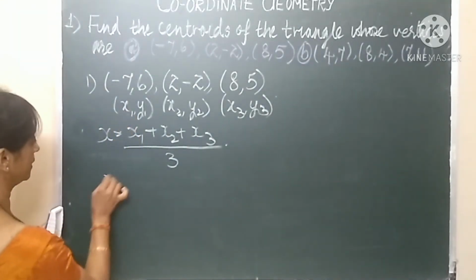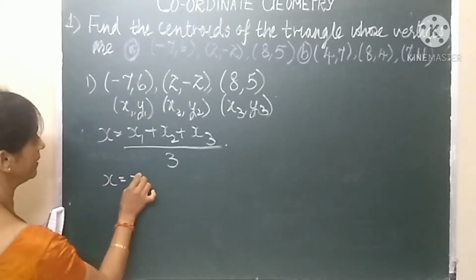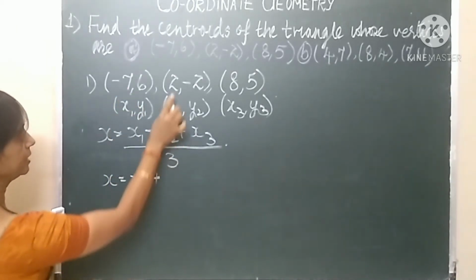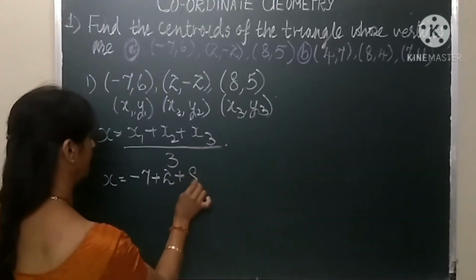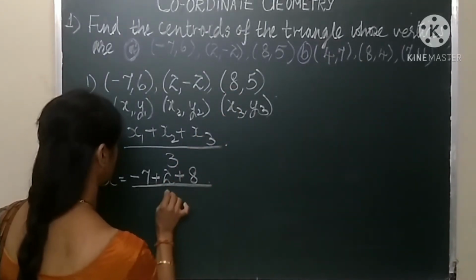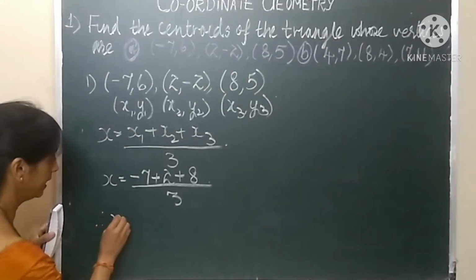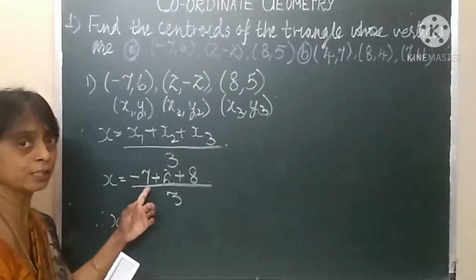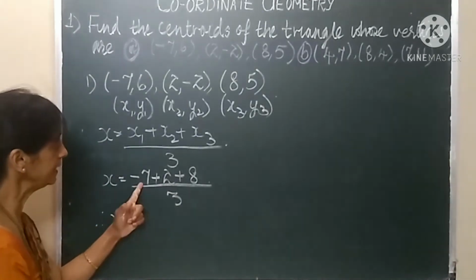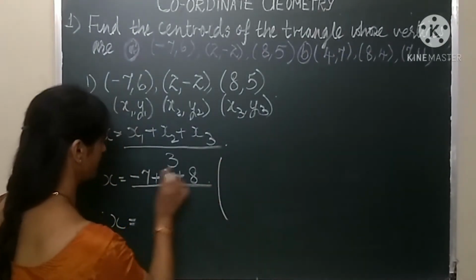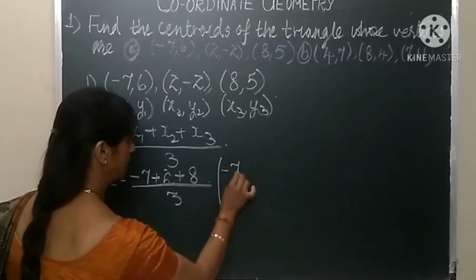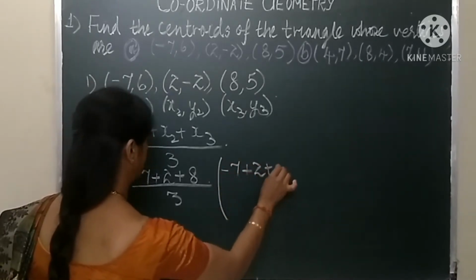What is x1? x1 is -7 plus x2 is 2 plus x3 is 8 upon 3. So therefore x will be equal to, let's solve it over here, children. -7 plus 2 plus 8.